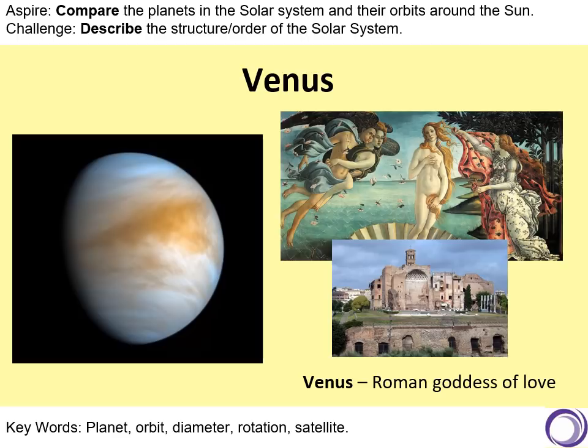Because of the global warming aspect of it, the day temperature gets up to 480 degrees. Not only would we be crushed by the pressure, but we would boil to death on Venus. Not so much giving out much love there anyway.